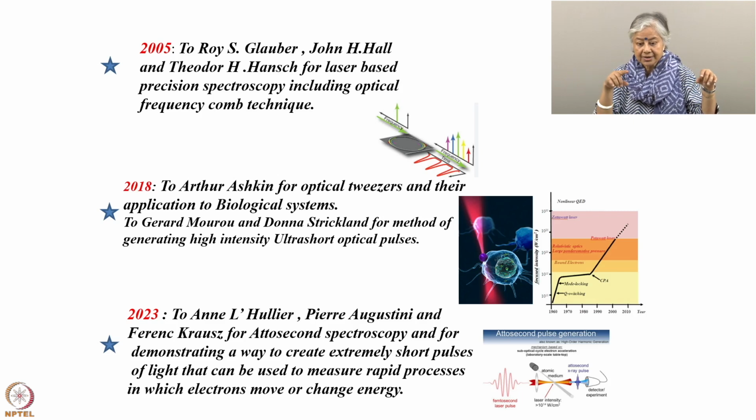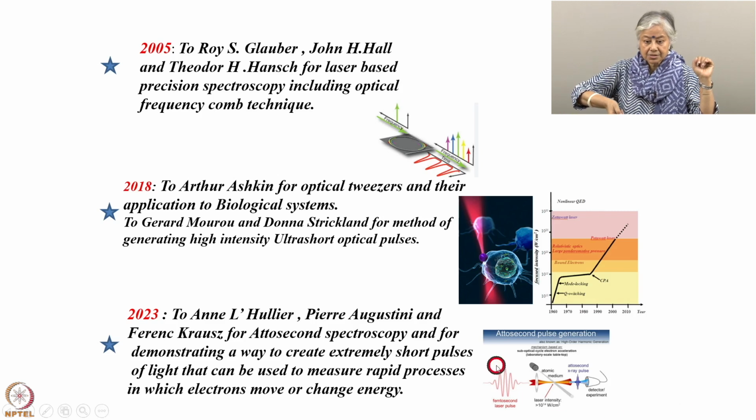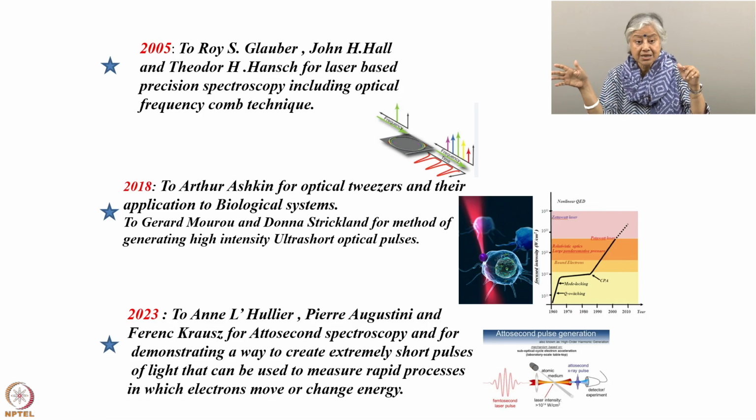So you see the envelope of the attosecond pulse here. Femtosecond is 10 to the power minus 15 second. So they have used femtosecond pulses to come to an attosecond level pulse. Attosecond is 10 to the power minus 18 seconds. It's such a short pulse.